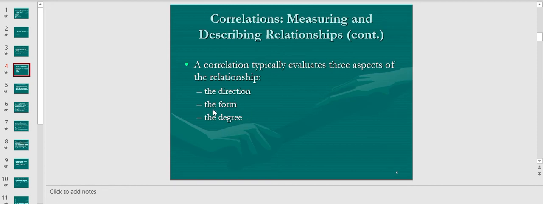And the form of the relationship is the linear relationship. The relationship tends to have a linear form, that is, the points in the scatter plot tend to cluster around a straight line. And finally, the correlation measures the consistency of the relationship.